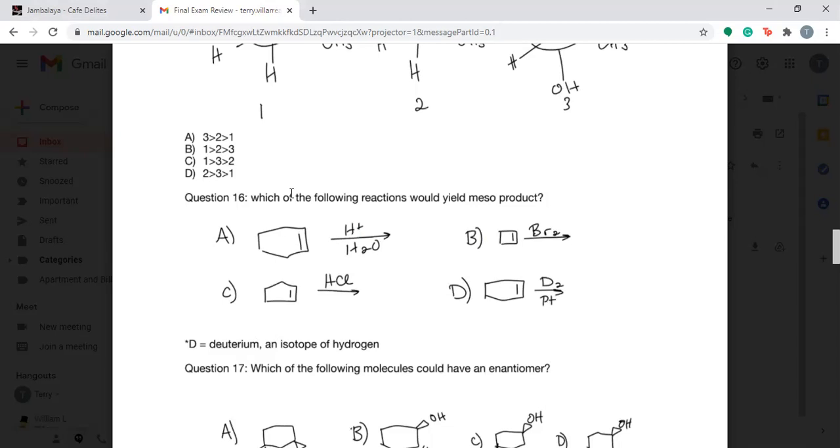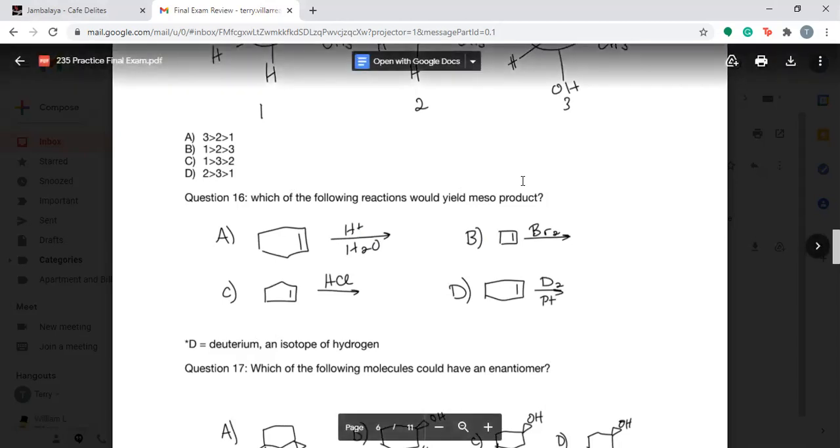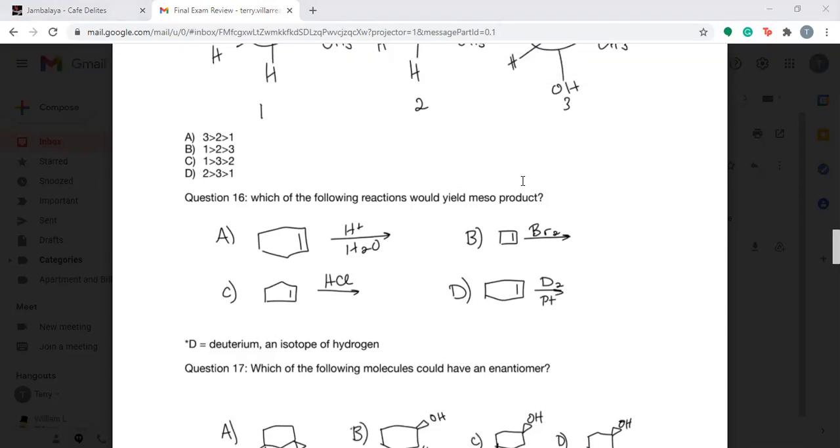Okay. Matthew says B, he's confident in that one. Gwen is still riding that fence between B and D.